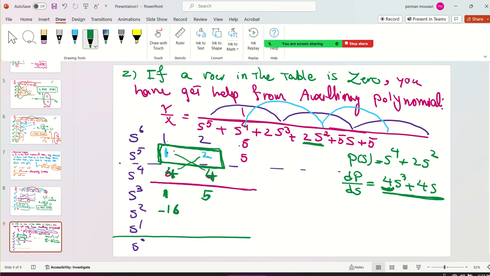You know the last line coming from here, 5. Now, minus 80 by minus 16, how much is that? Gonna be 5. That's right.